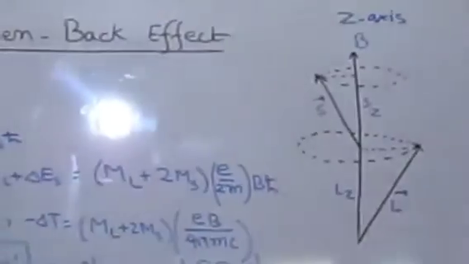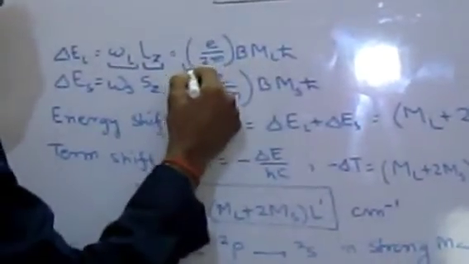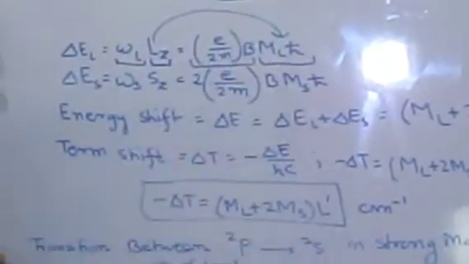We know omega L is e by 2m, and Lz is ML h cross.